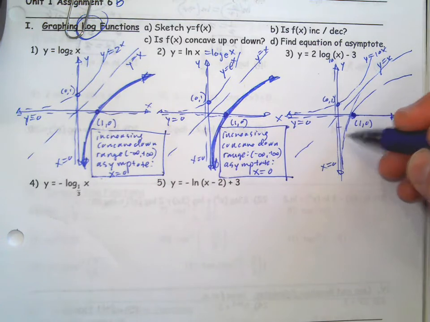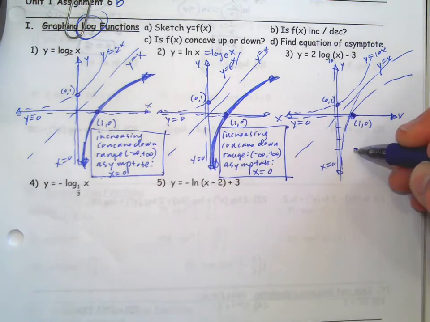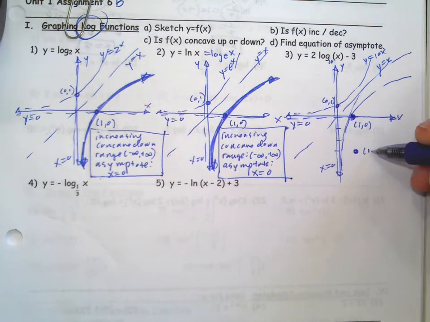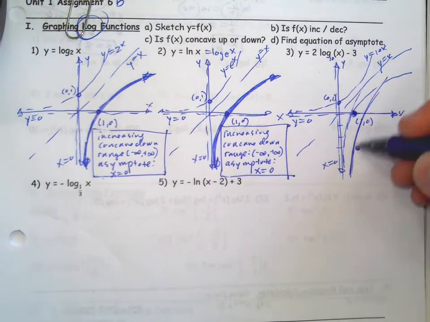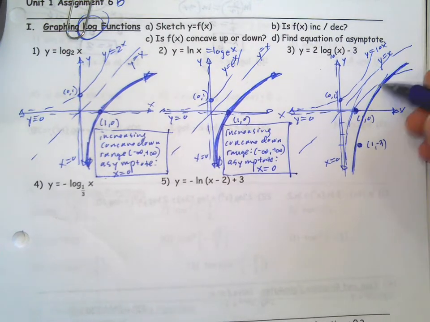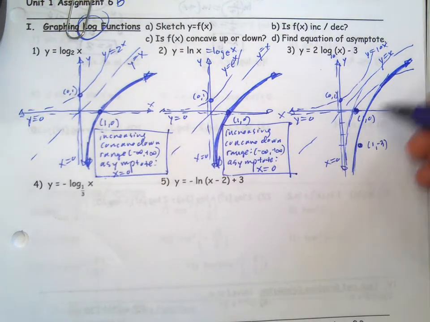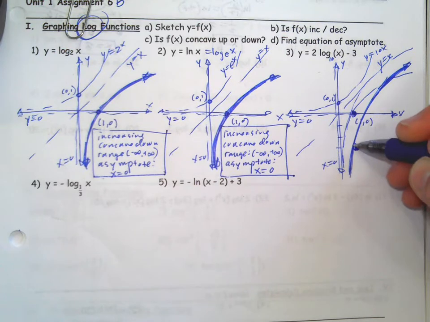So 1, 2, 3. The point that I ask you to keep track of is going to be 1, negative 3. And the graph, I guess, just looks steeper here. Doesn't have to be perfect. Should go through that dot though.